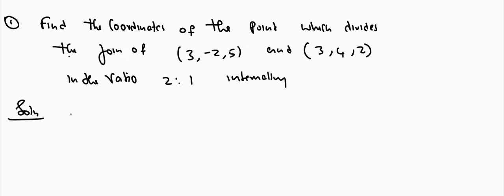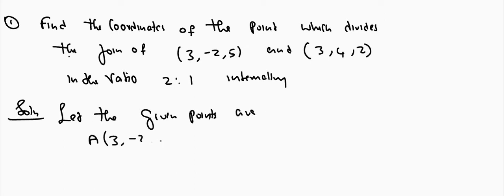Solution: let the given points be capital A (3, -2, 5) and capital B (3, 4, 2).